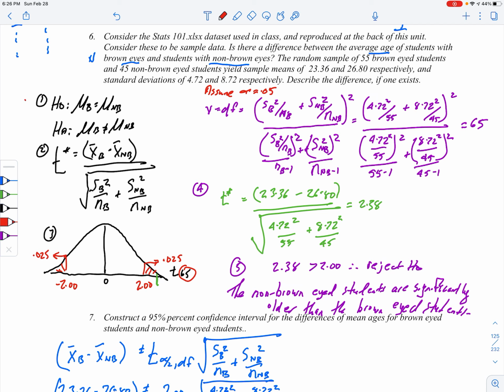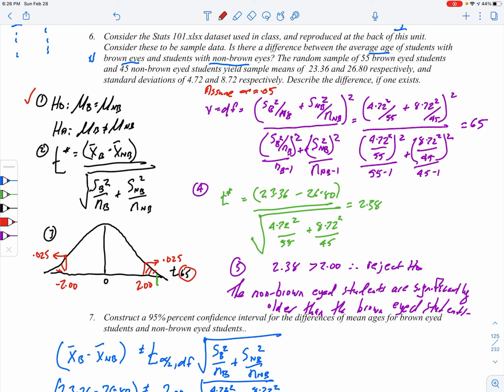But what we've got here is a hypothesis that looks really similar to what we would have, of course, in an ANOVA problem, right? The mean age of brown-eyed people is equal to the mean age of non-brown-eyed people against the alternative that they're not equal. The t-statistic is this guy down here. And then you need to calculate the degrees of freedom, and this is really where it gets ugly here.